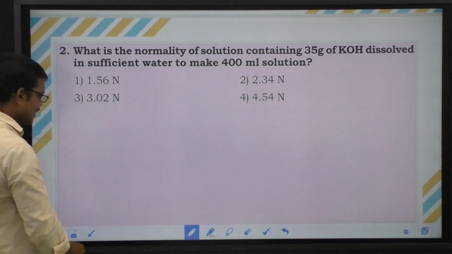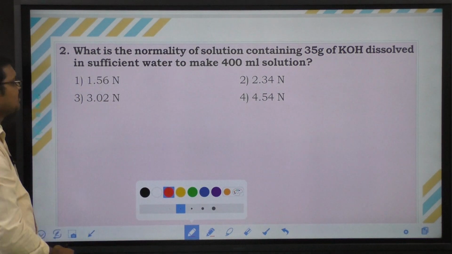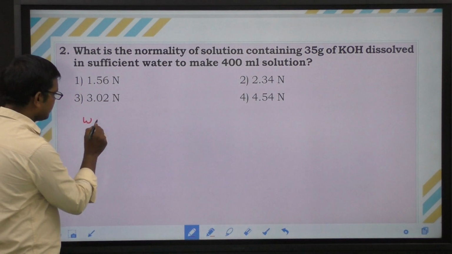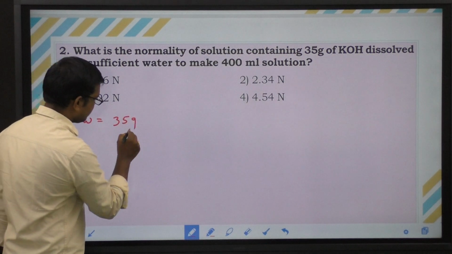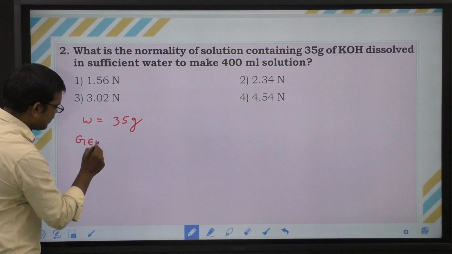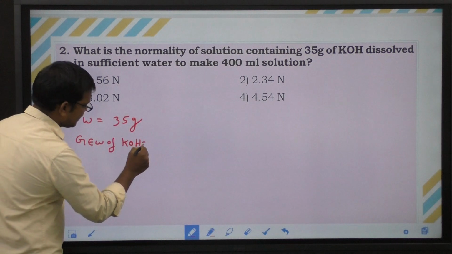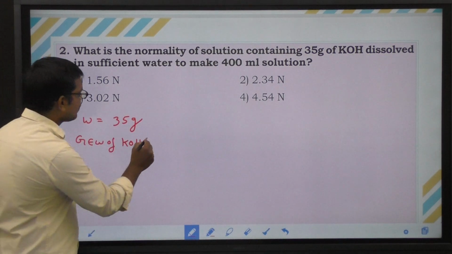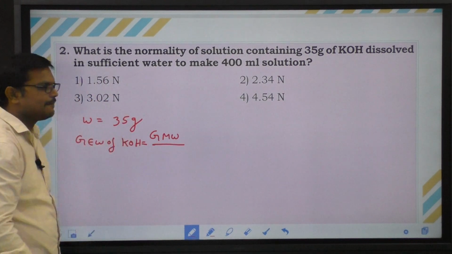First of all, write the information given in the question. Weight equals 35 grams. The gram equivalent weight of KOH is the gram molecular weight divided by acidity, since KOH is a base.